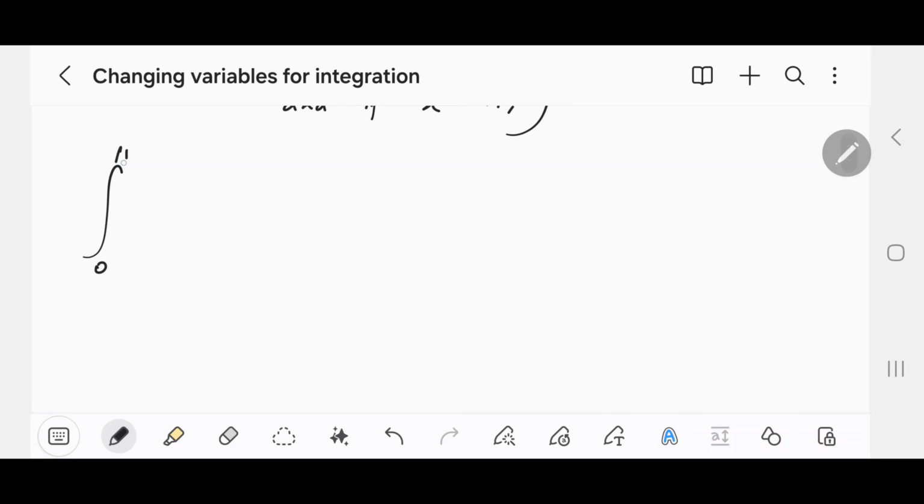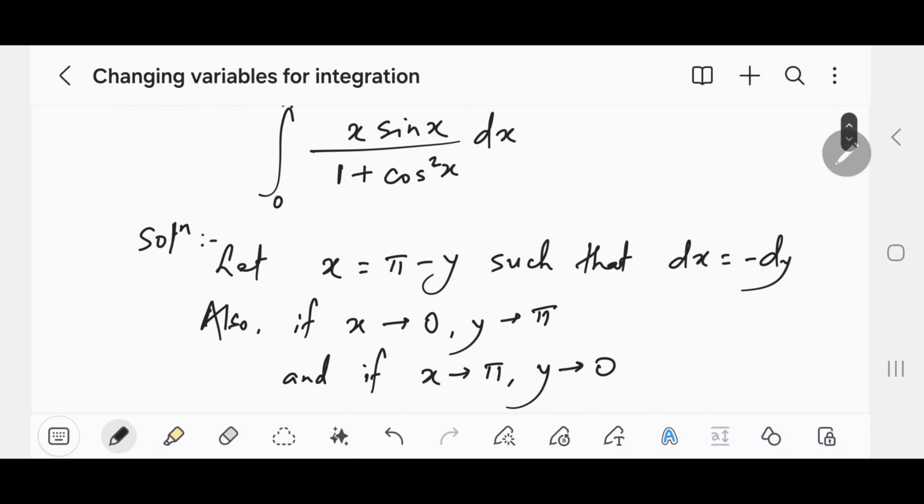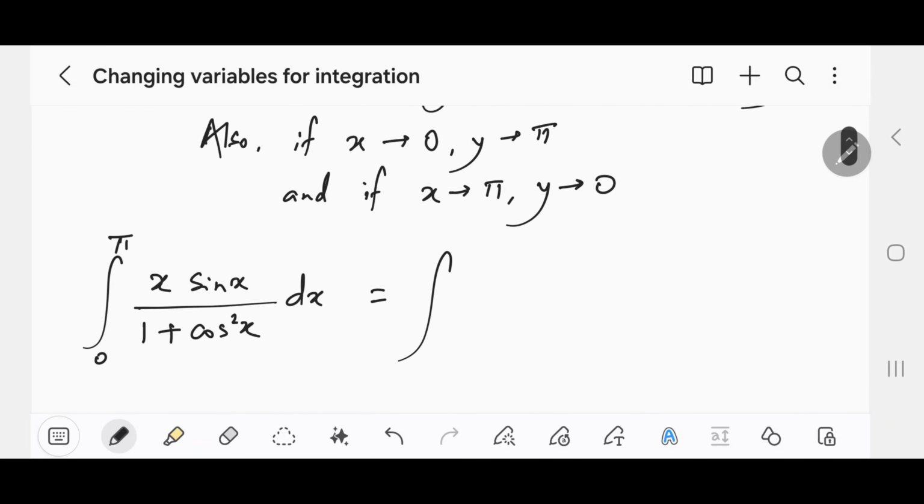So let's write the integration. We need to evaluate the integral from 0 to pi of x sin x divided by 1 plus cos square x dx. Let's replace all these x's by y. At first, the limits of integration are inverted, right?